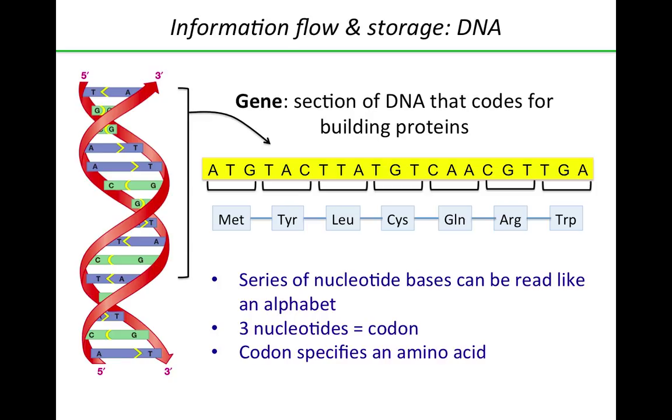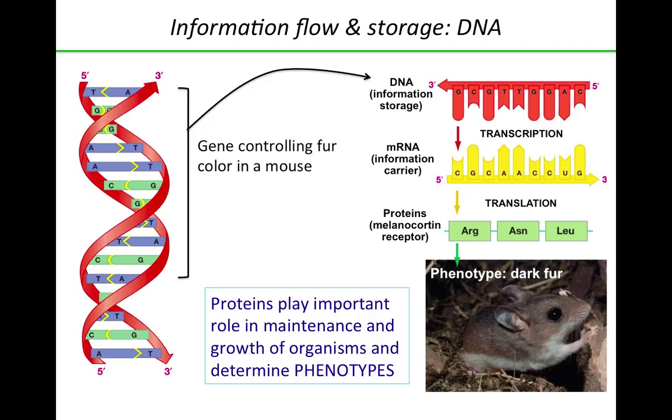So the cell's machinery goes along this strand, reads it out, and then attaches the appropriate amino acids together to form a protein. And this protein then gets used for some particular function in the body. So proteins play important roles in maintenance and growth of organisms, and for that reason, they then contribute directly to the phenotype of an organism.